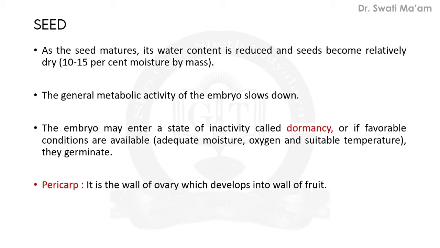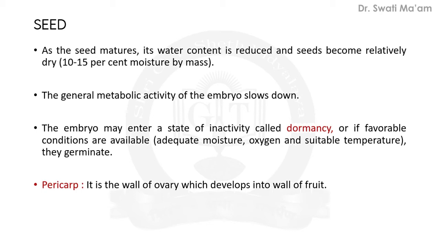They are an adequate amount of moisture, an adequate amount of oxygen, and suitable temperature, then they will germinate. The monsoon season is the most favorable condition for every type of seed to germinate, because it comprises adequate moisture, oxygen, and suitable temperature, and other factors which are favorable for the growing of seed.